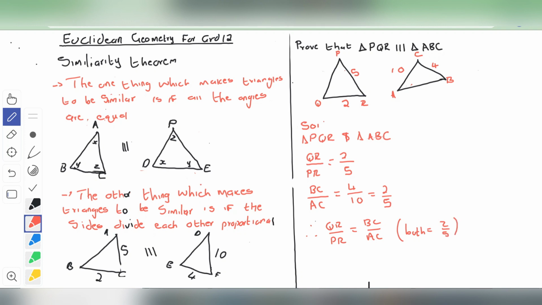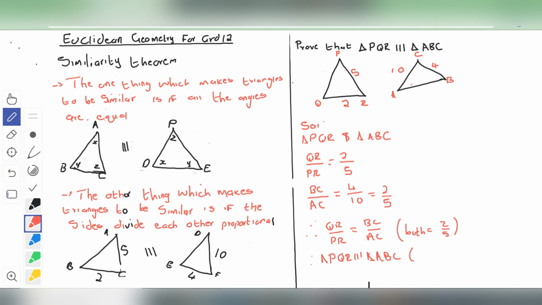The reason is that both are equal to 2/5, right? Therefore, we are allowed to say that triangle PQR is similar to triangle ABC, right? This is the proportionality theorem, right?